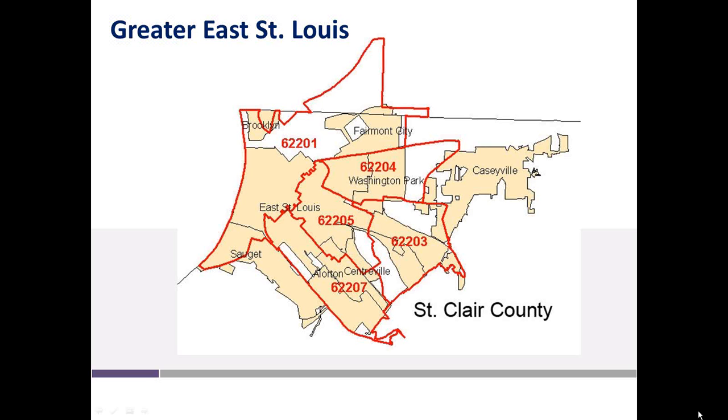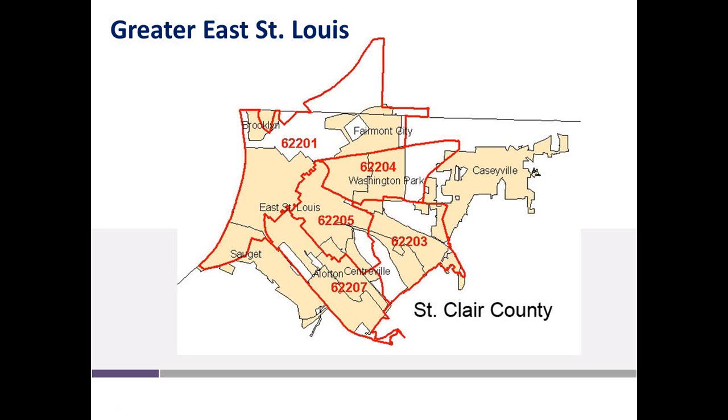Most of the residents, what we've learned through data discovery, is that the majority of the residents in East St. Louis actually reside in zip codes 62201 and 05, yet the majority of the programs reside in the other zip codes. So access to programs is not as easy and convenient, and that was something we learned as part of our data discovery process.